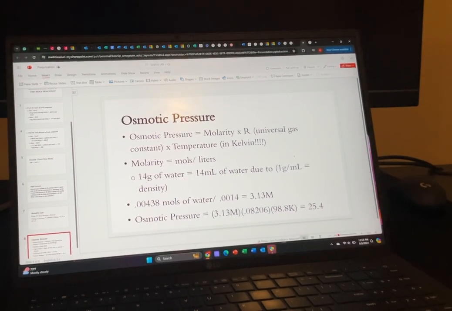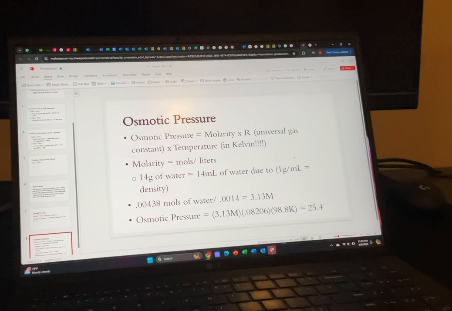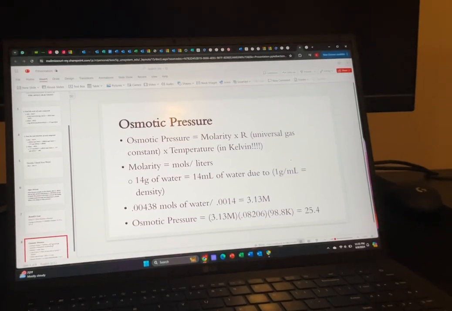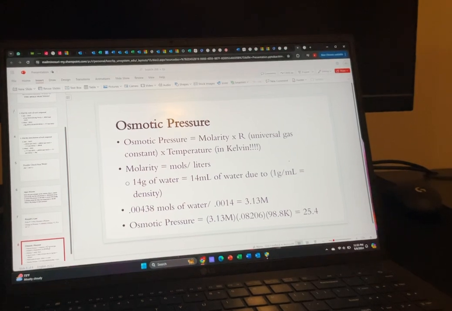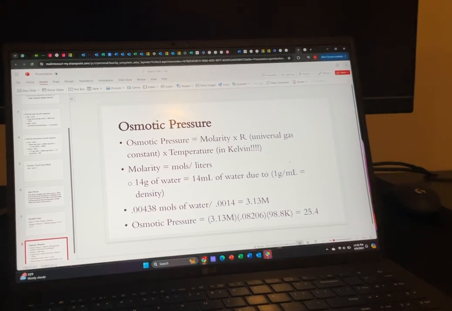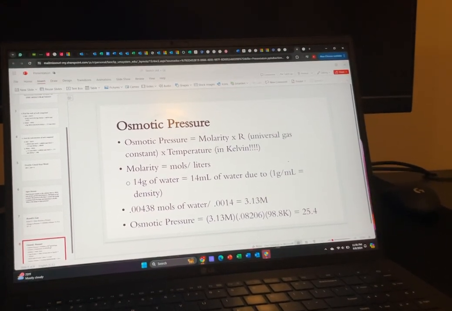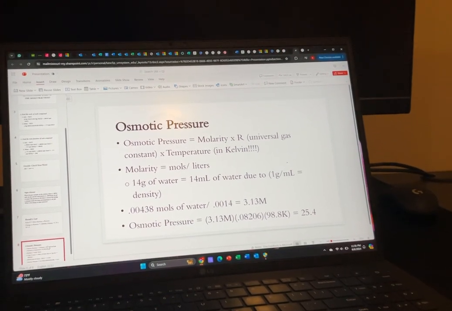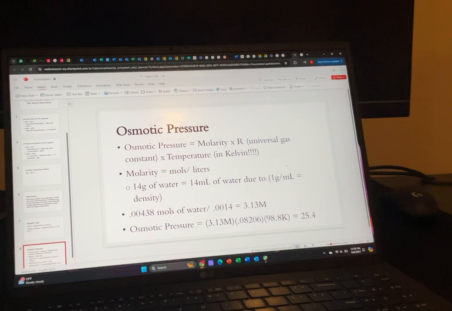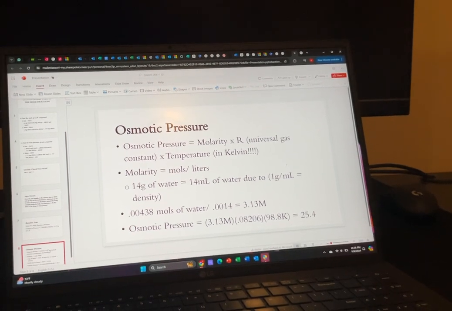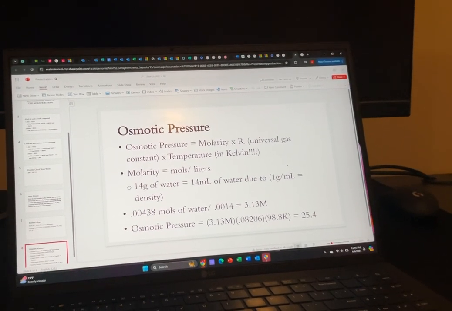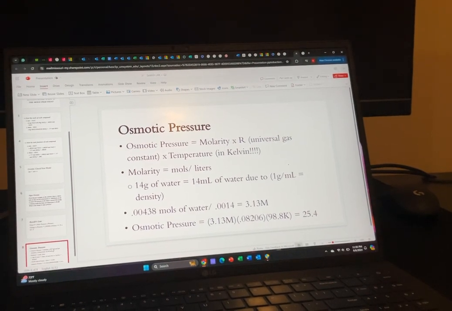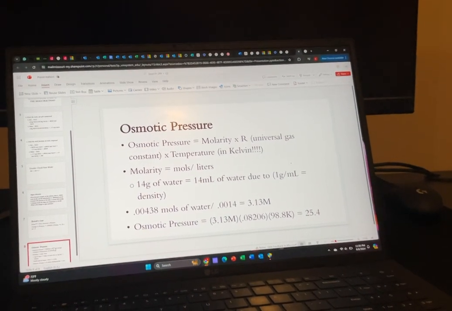Osmotic pressure we can calculate by using molarity, the universal gas constant, and temperature, two of which were already given. So the only thing we need to find is molarity. The molarity can be found by using moles over liters. And we know that density equals grams over milliliters. So we can convert the 14 grams of water that we found in the earlier step into 14 milliliters of water.